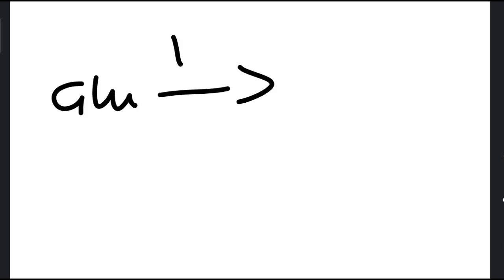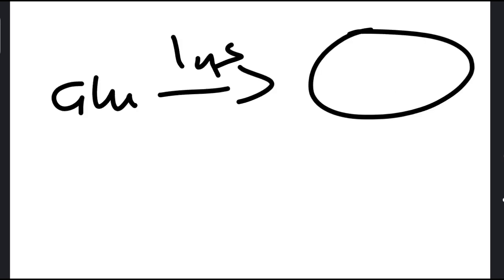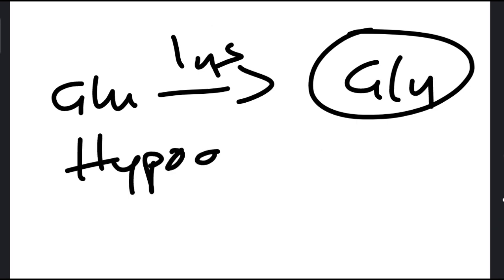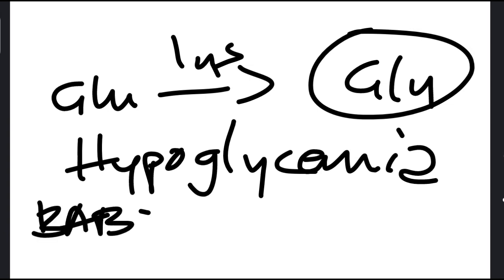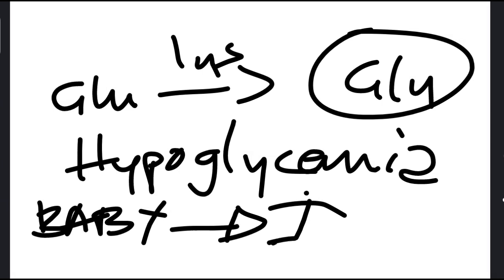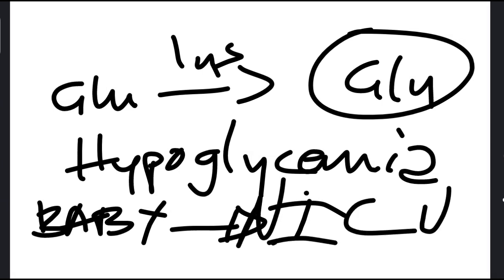Because of excess insulin, the glucose going inside the cells will leave the baby in a state of hypoglycemia. Which means these children, immediately they are born, should be rushed over to the NICU, the neonatal ICU.